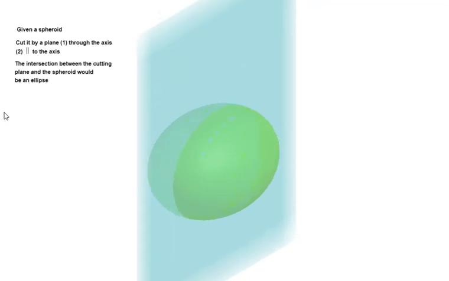Now, if it is parallel to the axis, it could be anywhere else other than through the axis. Then the intersection between the cutting plane and the spheroid would be an ellipse. So the intersection would be this, and this is an ellipse.